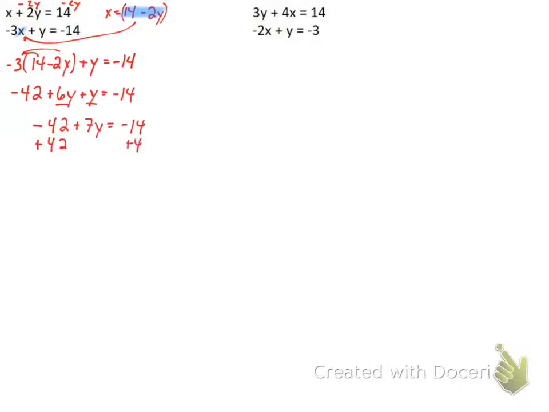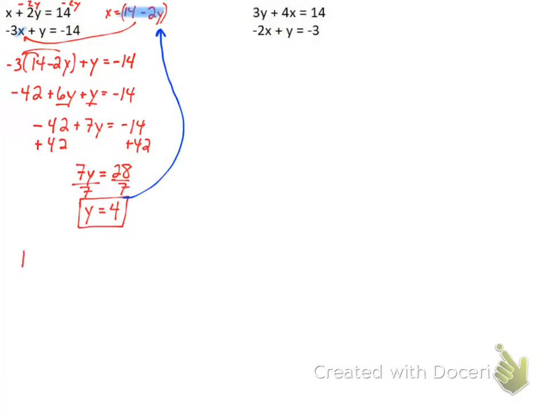Then I can add the 42 to the other side to get 7y is equal to 28. Divide both sides by 7, so y is equal to 4. Again, I want to take this and plug it in.